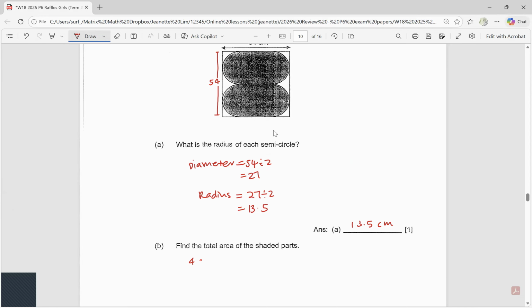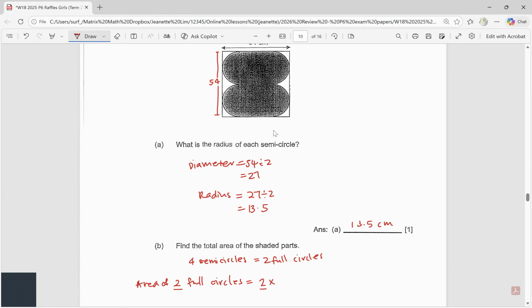So 4 semicircles equals 2 full circles. So the area of 2 full circles would be 2 times pi times r times r. 2 because there are two circles.